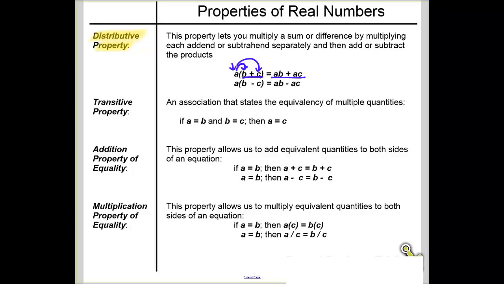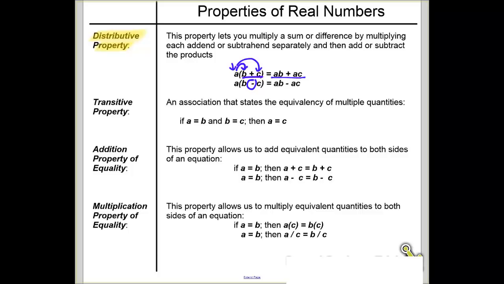Now this rule works across addition, as you just saw, and it also works when you multiply across subtraction. One thing it does not work for is that some people will try to take exponents on the outside and distribute across. You cannot do that. The distributive property is strictly for plain old multiplication, not repeated multiplication, which is exponents. And we'll see that in another video on powers.